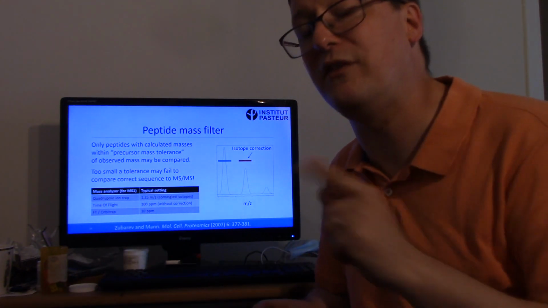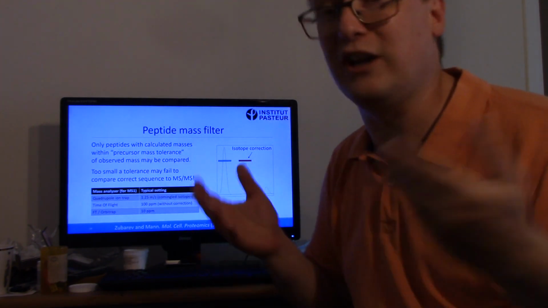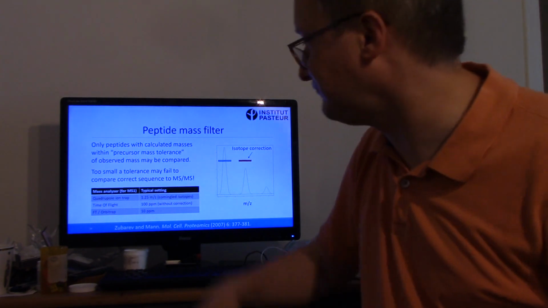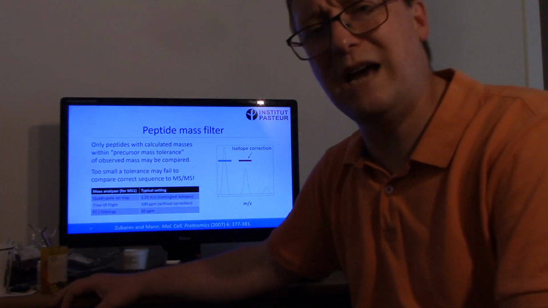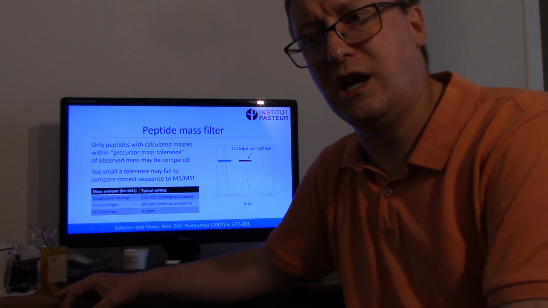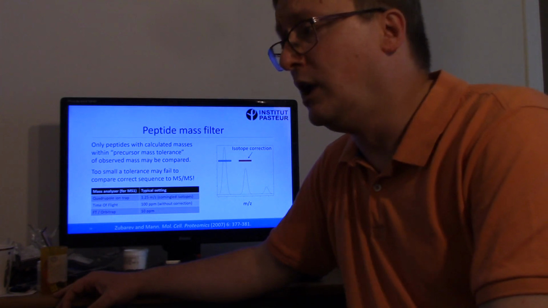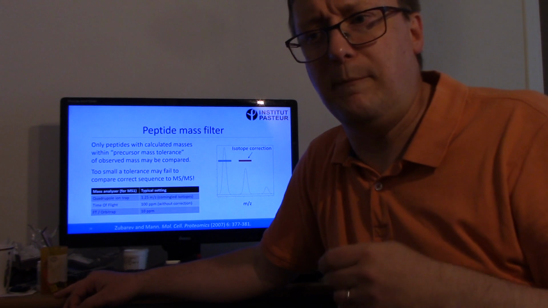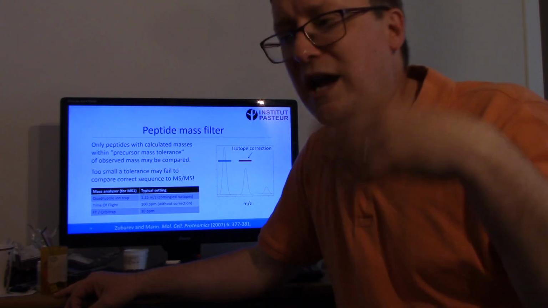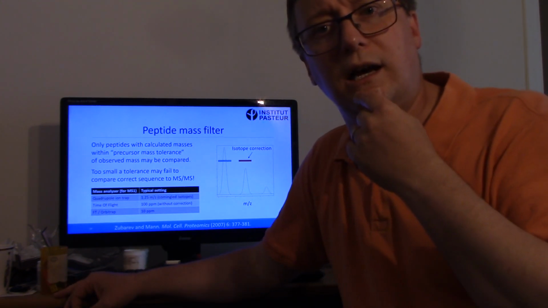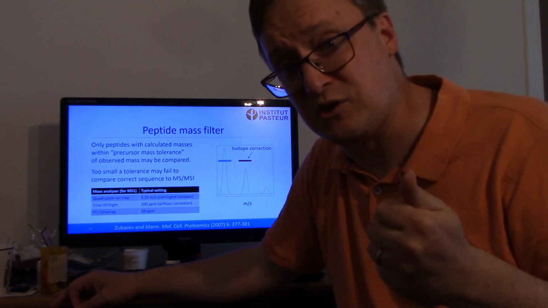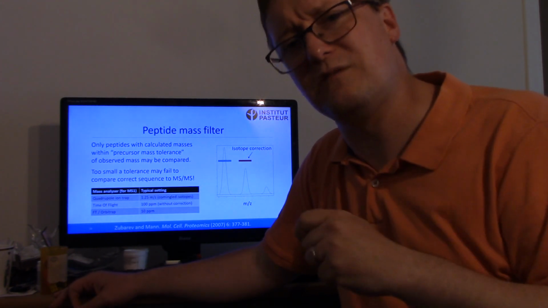But if you don't have a high resolution mass measurement, you're going to have to allow for more error in this mass measurement. Now, the time of flight style instruments, such as the triple TOF or something like an Agilent 6520, or for that matter, a Bruker Impact or a Bruker Maxis, can have very high mass accuracy under some circumstances, and under others may not.